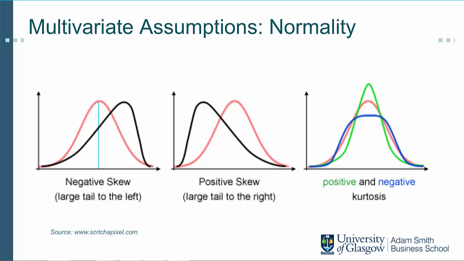The shape can be described in terms of its kurtosis, flatness or peakedness of the distribution, and skewness, that is the shift in the distribution to one side. Tabachnick et al. provide a good guide to data transformations that may help you remedy excessive kurtosis and skewness.